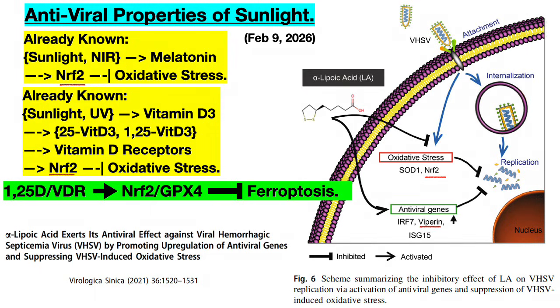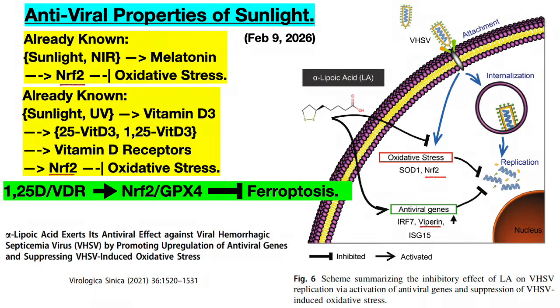It is also well known that sunlight, the ultraviolet components of sunlight, stimulate the formation of vitamin D3 in human skin. That compound, vitamin D3, is transported to the liver where it is converted to 25-hydroxy vitamin D3, abbreviated 25-vitamin D3.